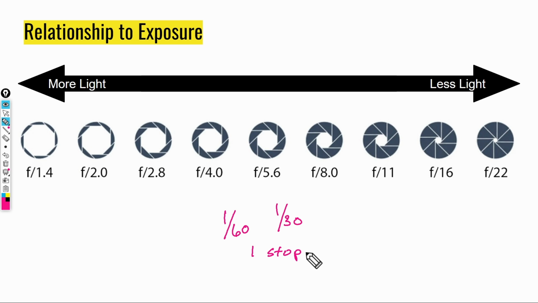But when we're looking at aperture numbers, this is not very linear. And that's because these numbers are actually a ratio of the size of the hole relative to the size of the front element of the lens.